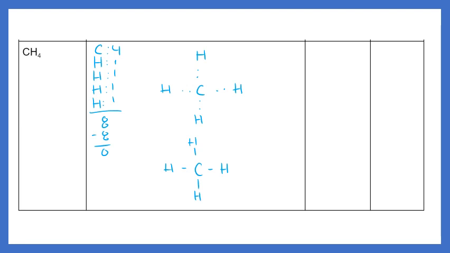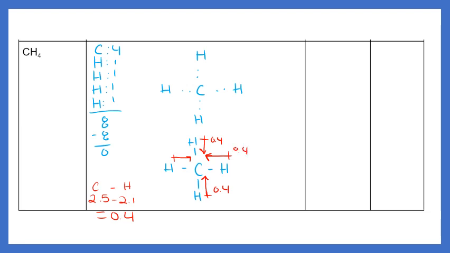Now, carbon takes a 2.5, and hydrogen takes a 2.1, which gives you a difference of 0.4. Carbon is the more electronegative. So this 0.4 will cancel this 0.4.